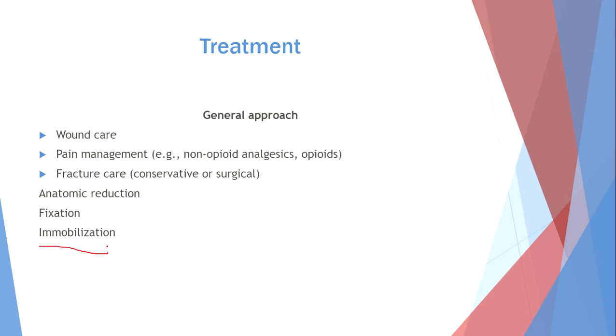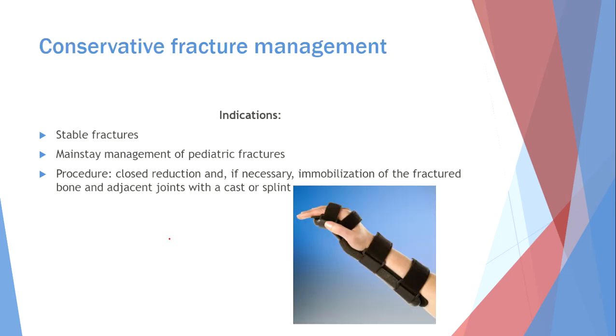If a bone fracture is immobilized well, the patient doesn't feel any pain. Conservative fracture management. Indication: stable fractures, mainstay management of pediatric fractures. If you remember, pediatric fractures often have greenstick fractures.